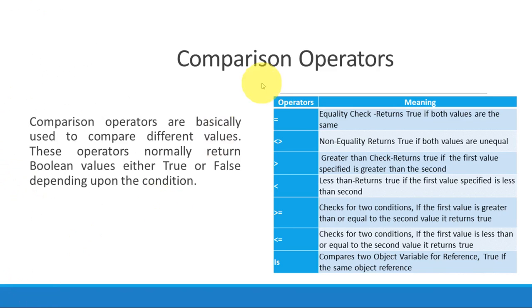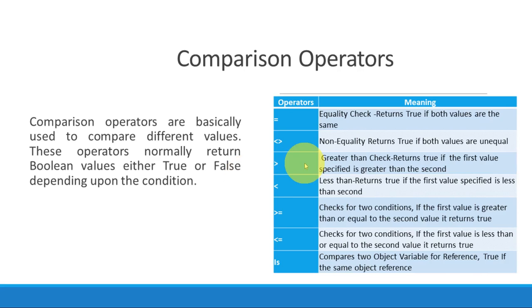Now comes the comparison operators. What are the comparison operators? Comparison operators are basically used to compare different values. These operators normally return Boolean values, because when we are comparing different values, the result will be either true or false depending upon the condition.